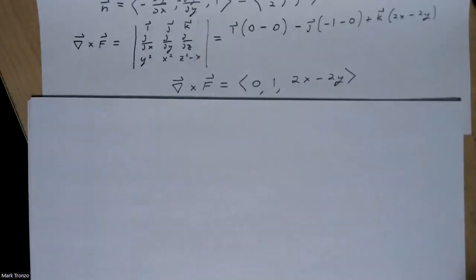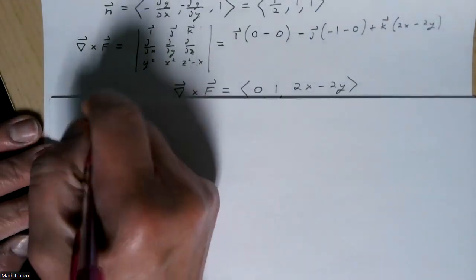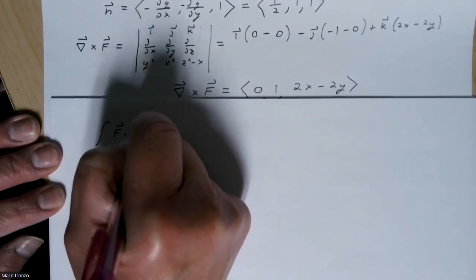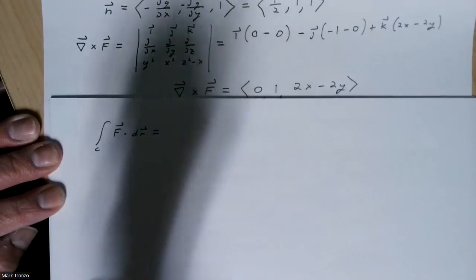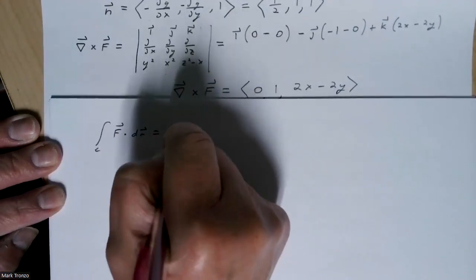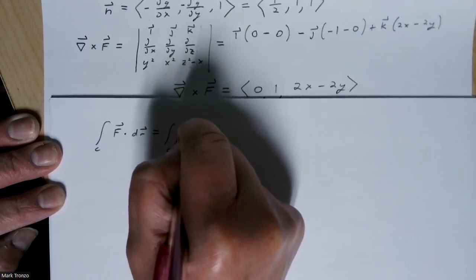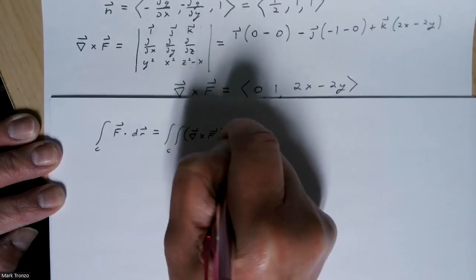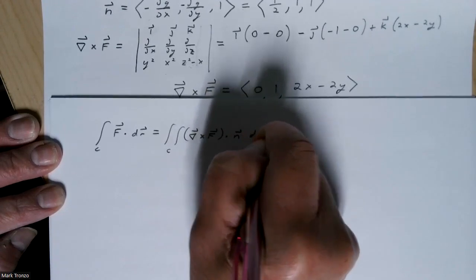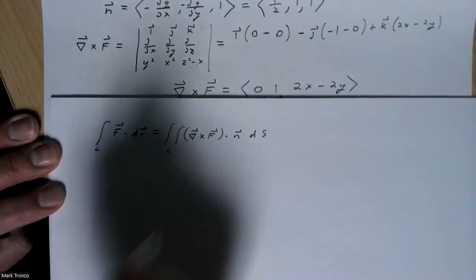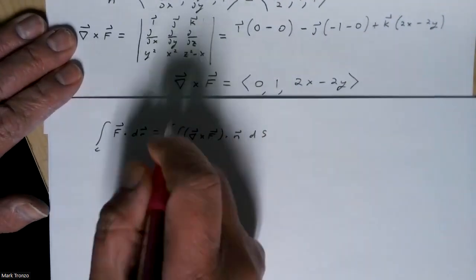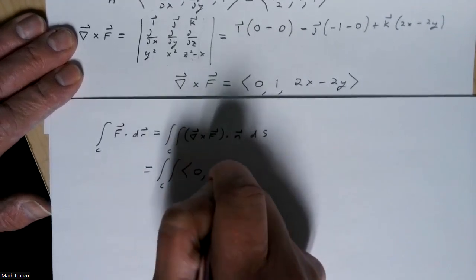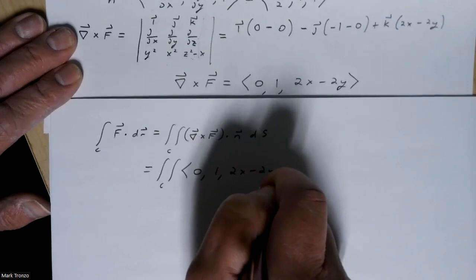So once again, we'll just keep in mind what we're doing here. We're doing this line integral dot dr is equal to the curl, again, remember that's this, dot n dS. But then we found this over here. We found the curl, which was 0, 1, 2x minus 2y.